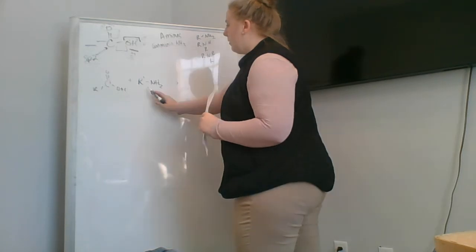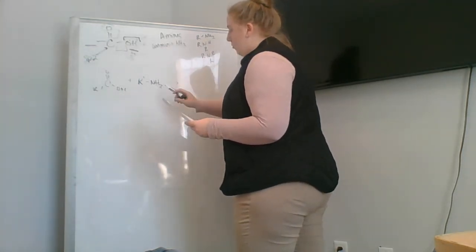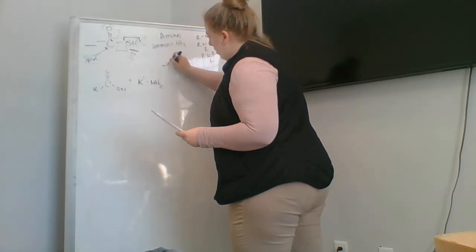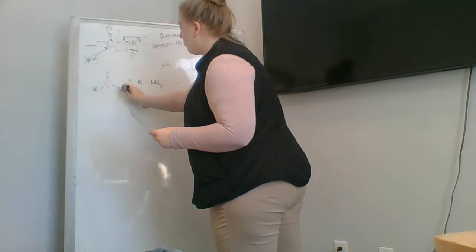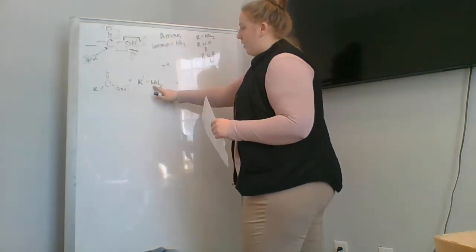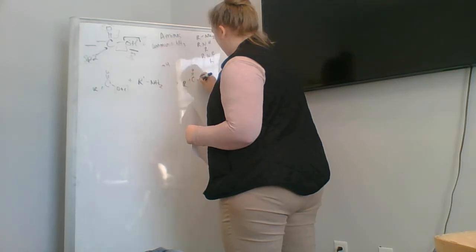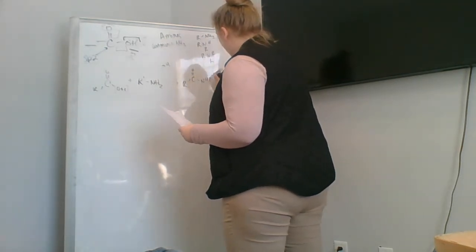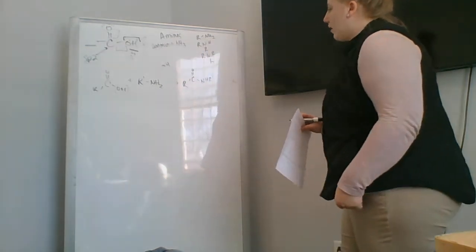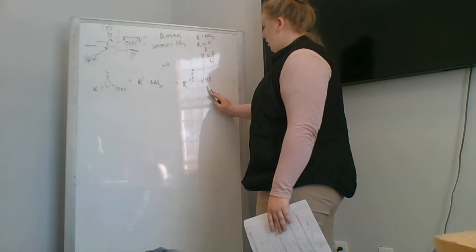So if we react these two, essentially what's going to happen, we're going to remove one of these hydrogens, and we're going to remove our hydroxyl group, and the nitrogen is going to bond to this carbon. Okay, so we see our one less hydrogen here.